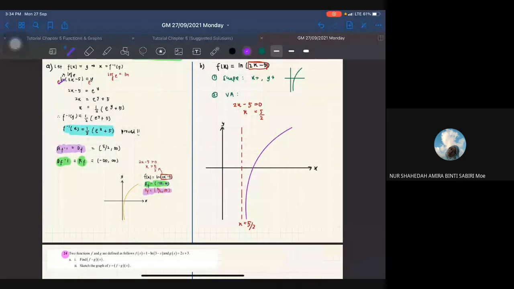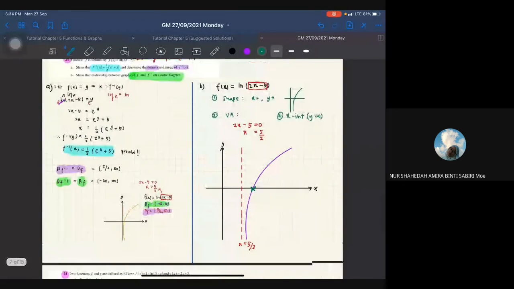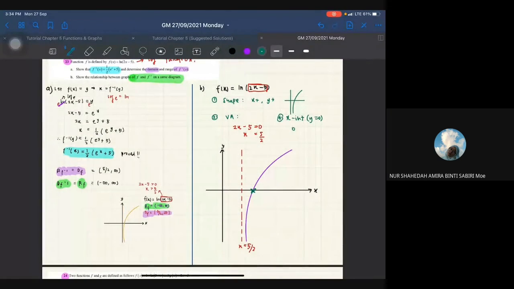Okay, so by looking at this graph yang awak dah lukis, kita ada satu intercept which is x-intercept over here. So awak kena cari apakah awak punya x-intercept sebenarnya. Okay, so to find x-intercept, which is the fourth step, x-intercept is when y equal to 0. So awak buat dia equal to 0. So we let 0, okay, and then we have ln 2x minus 5. Right, macam ni.